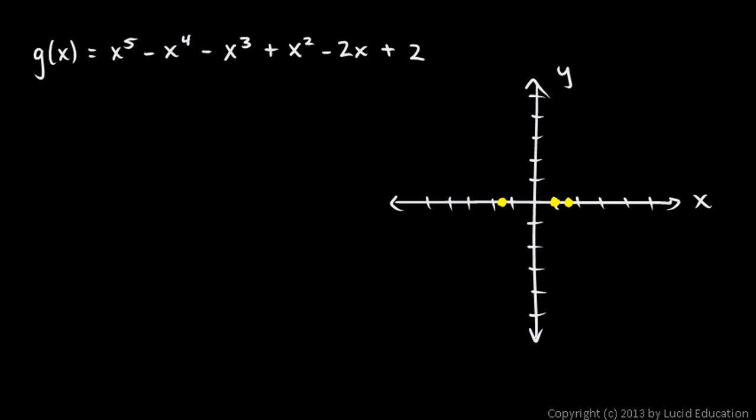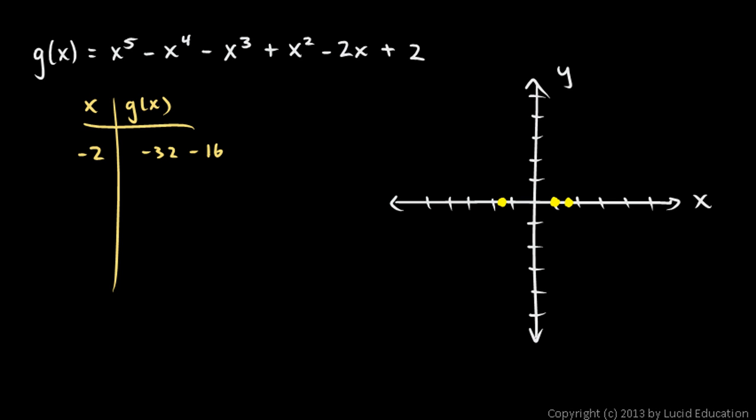And from here, I'll just plot some points. Put in some numbers for x and calculate some numbers for y, or for g of x, as we'll call it this time. And if I do that, if I put in negative 2 for x, then this ends up being negative 2 to the 5th, which is negative 32, minus x to the 4th, that's minus 16.